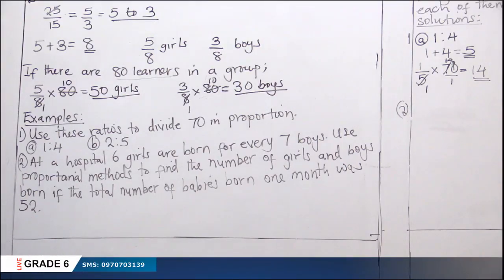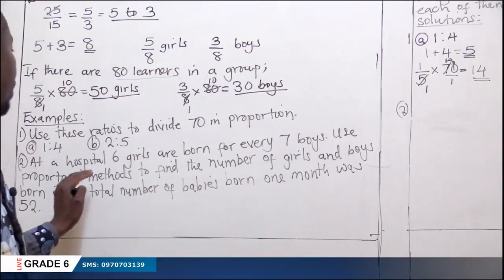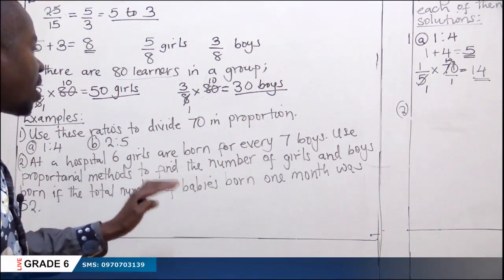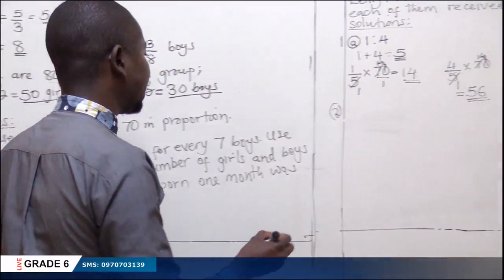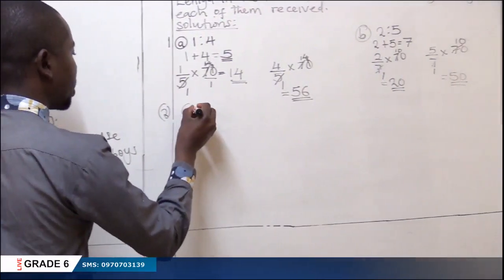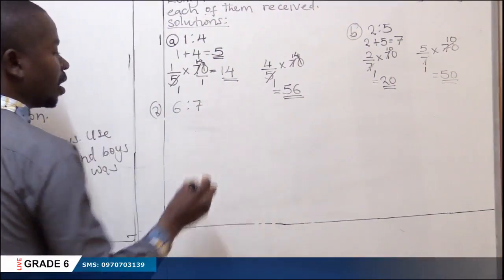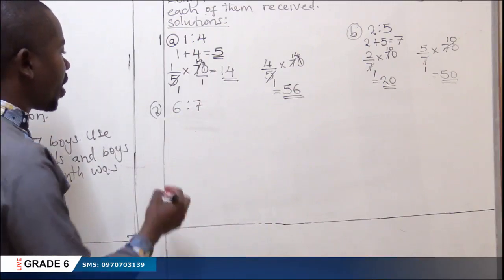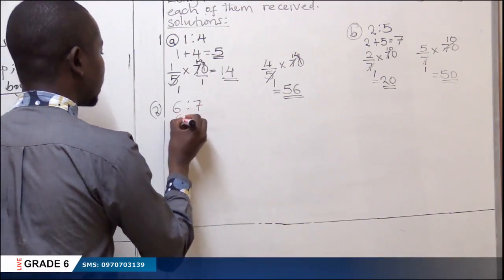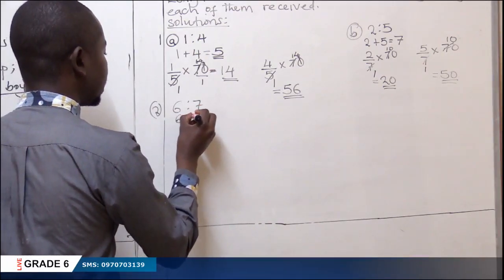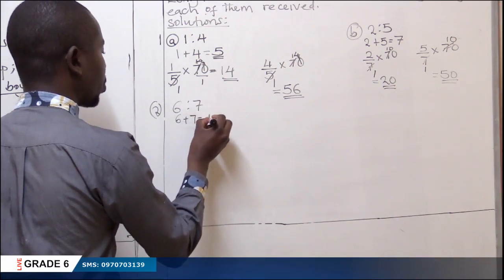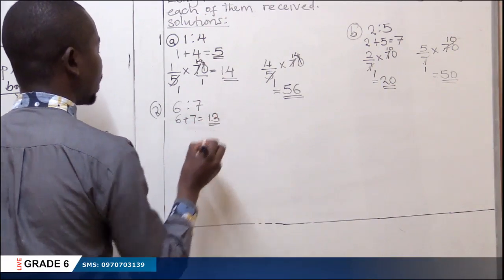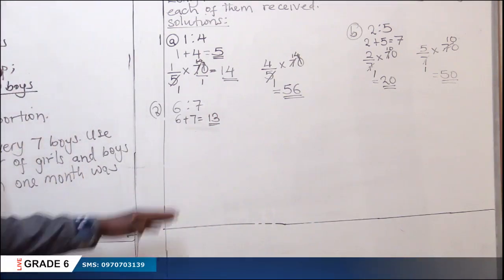We know that the proportion for girls and boys is 6 to 7, or the ratio is 6 to 7. When we add 6 plus 7, we get 13.